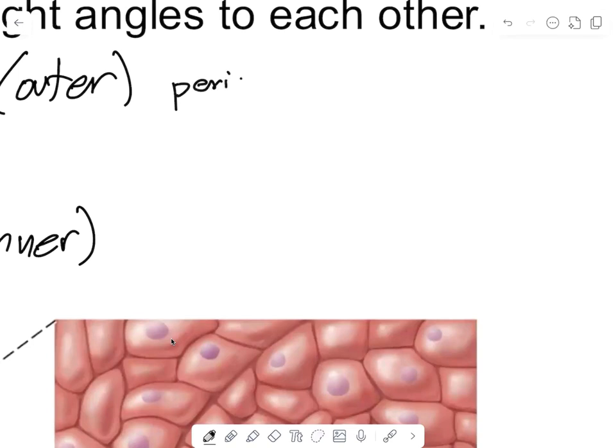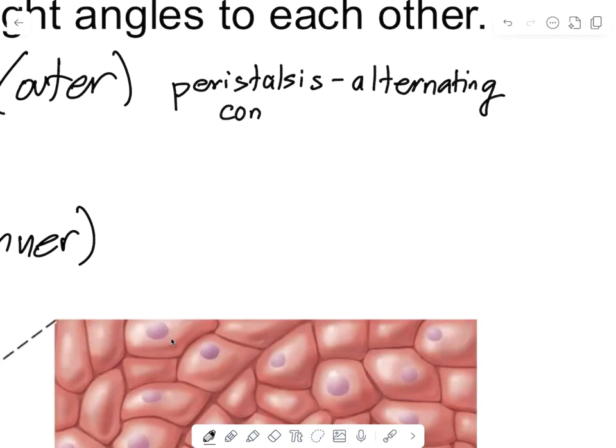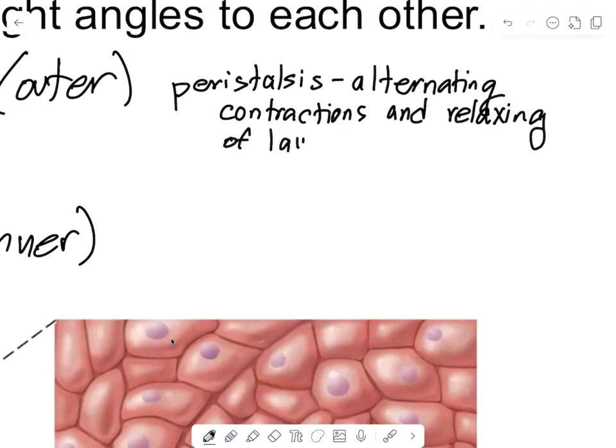So peristalsis means that it is the alternating contraction and relaxation of these muscles, so of the smooth muscle layers.